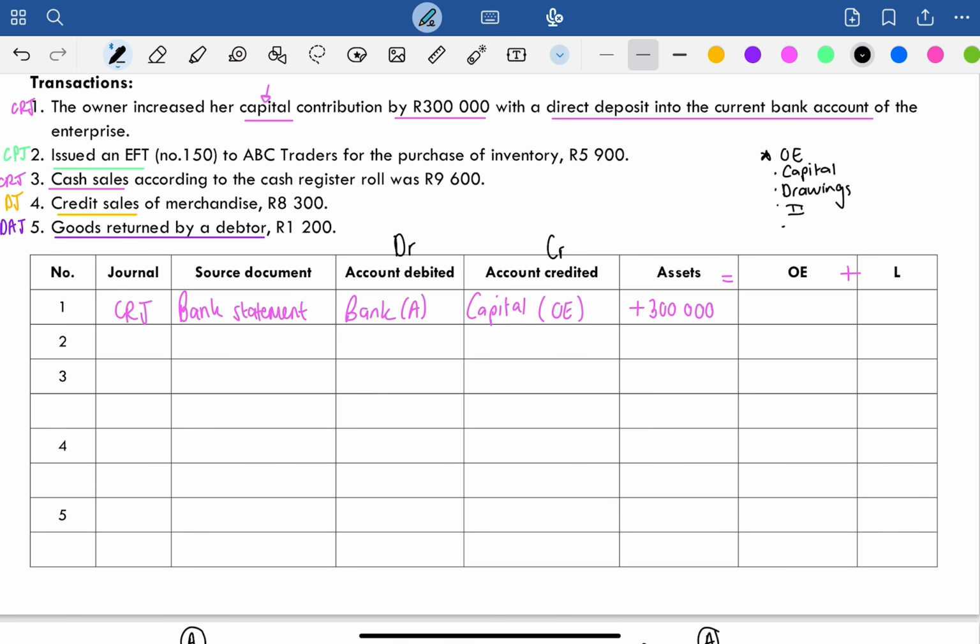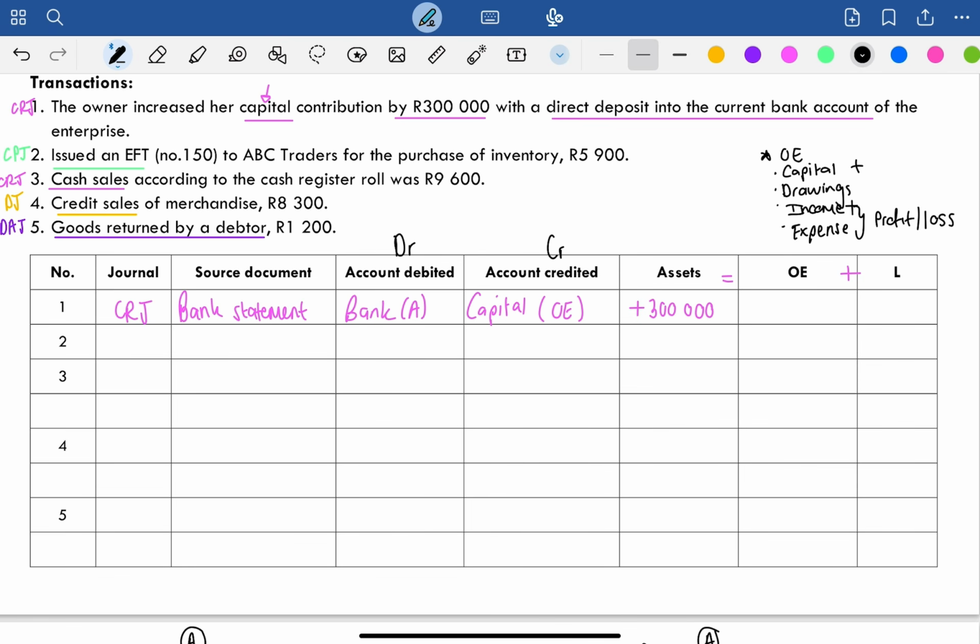But then the owner also cares a lot about the income and the expense, because at the end of the day, with income and expense, we work out a profit or a loss. And that is why when we say that the business has more capital, we say that the equity of the business has increased.